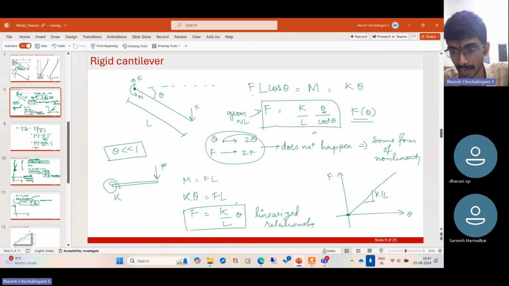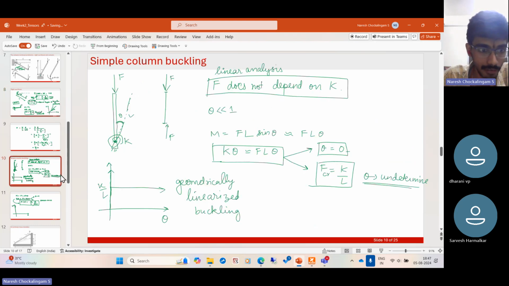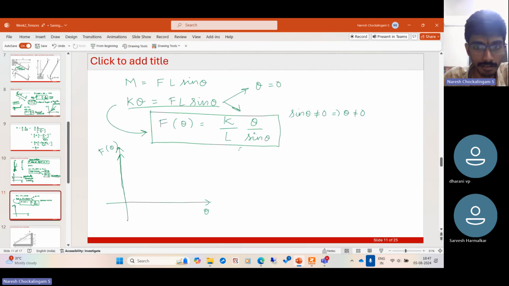Therefore, initially it may start like this, but it will rise faster than the linear relationship. So this is what you would expect. And for the linear problem, it's all clear. F critical is a constant when theta is not equal to 0. But when you do a nonlinear analysis, you get something like this.